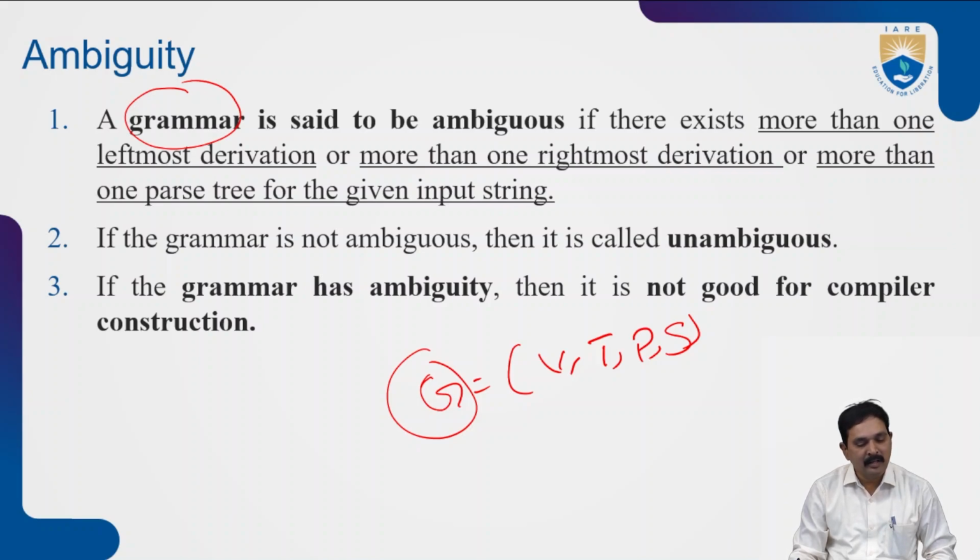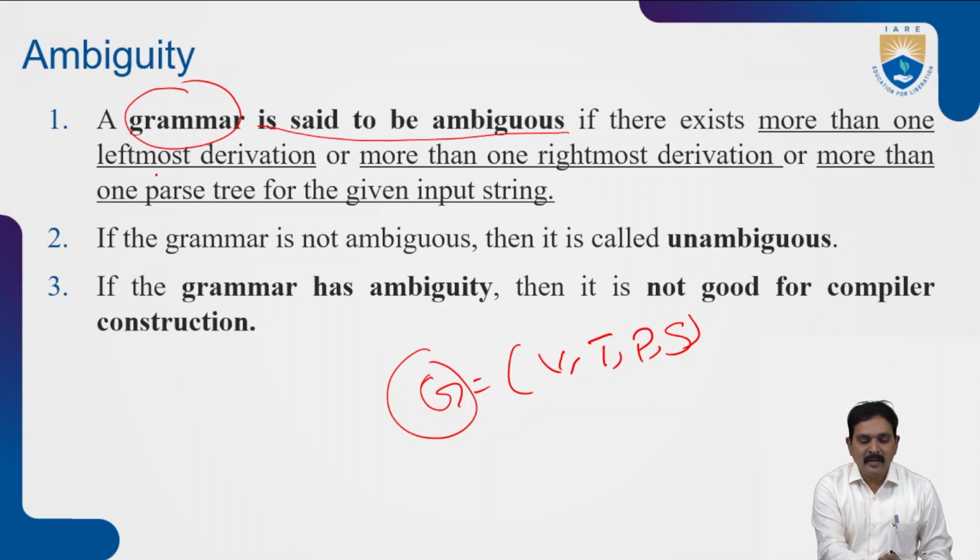So what is ambiguous grammar? An ambiguous grammar is said to be ambiguous because we have more than one leftmost derivation or more than one rightmost derivation for deriving one particular string. In that case the grammar becomes ambiguous grammar.